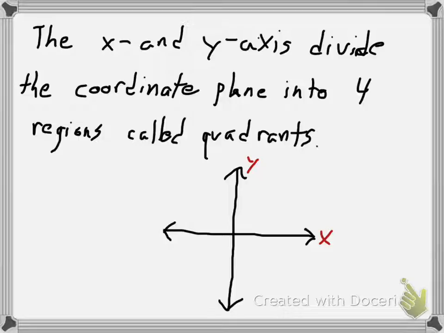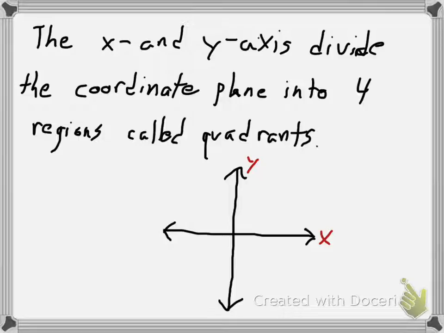If we were looking at our coordinate plane yesterday, we saw that we had things called the axes, the x-axis and the y-axis. And basically, we can think of these as number lines. Our x-axis was our horizontal number line. That means it goes side to side, left to right. And then we have our y-axis, which is our vertical number line. It's going up and down. When those cross, when those meet, we end up with something that's broken up into four parts called quadrants.